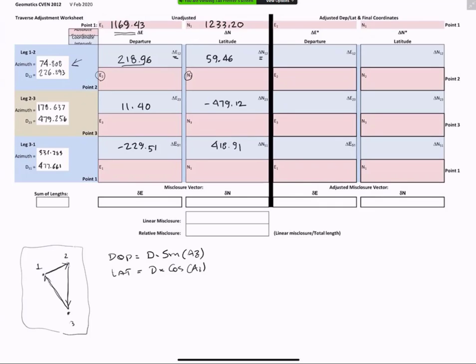So 1169.43 plus 218.96 is going to give us 1388.39. And for the northing, 1233.20 plus 59.46 is going to give us 1292.66. And again, I'll do those for the other two legs.